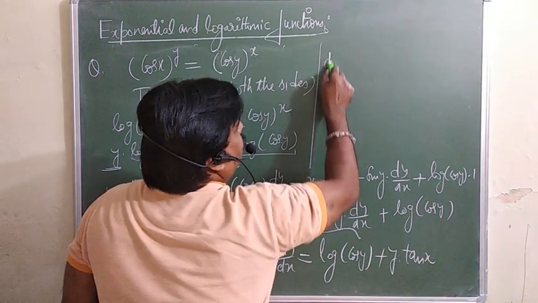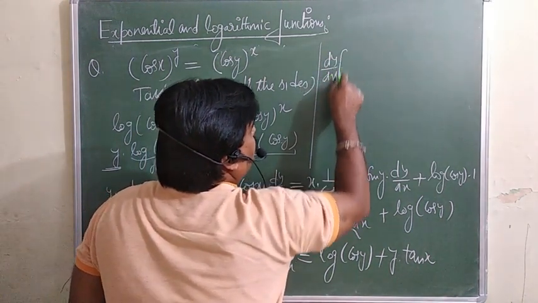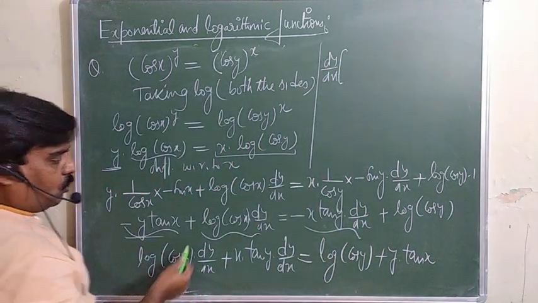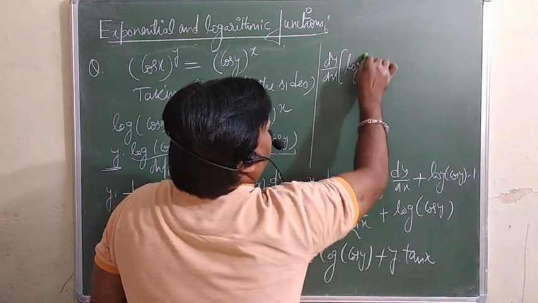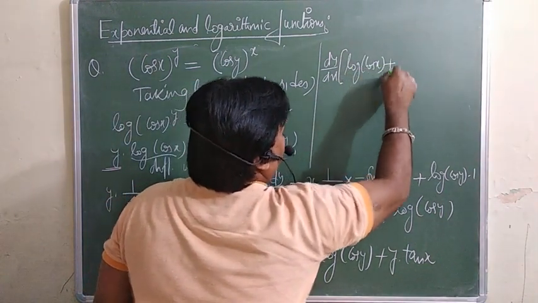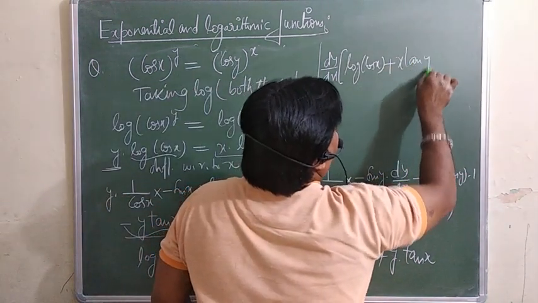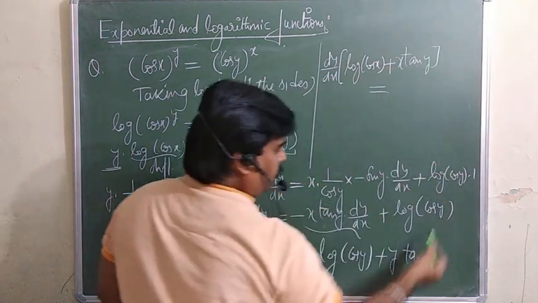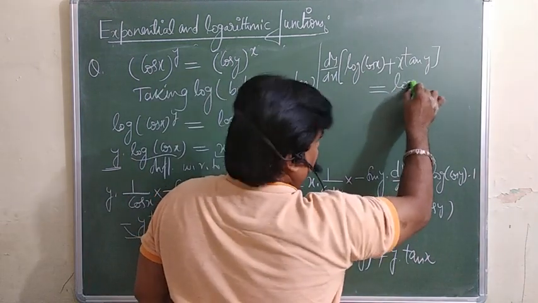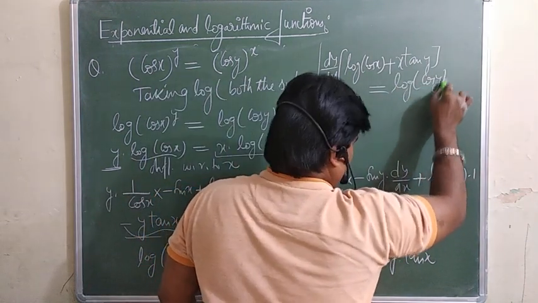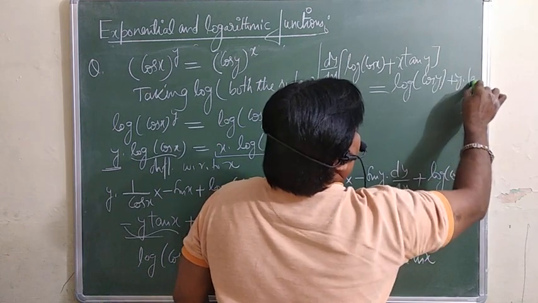Again, now you can take out dy over dx as common from here. So what you will get is log cos x plus x tan y, and this is equal to log cos y plus y into tan x.